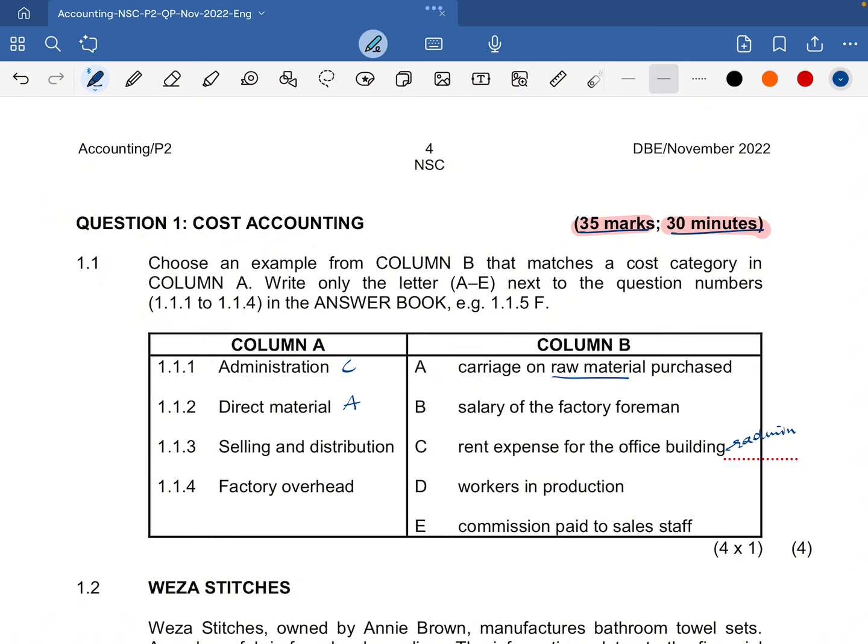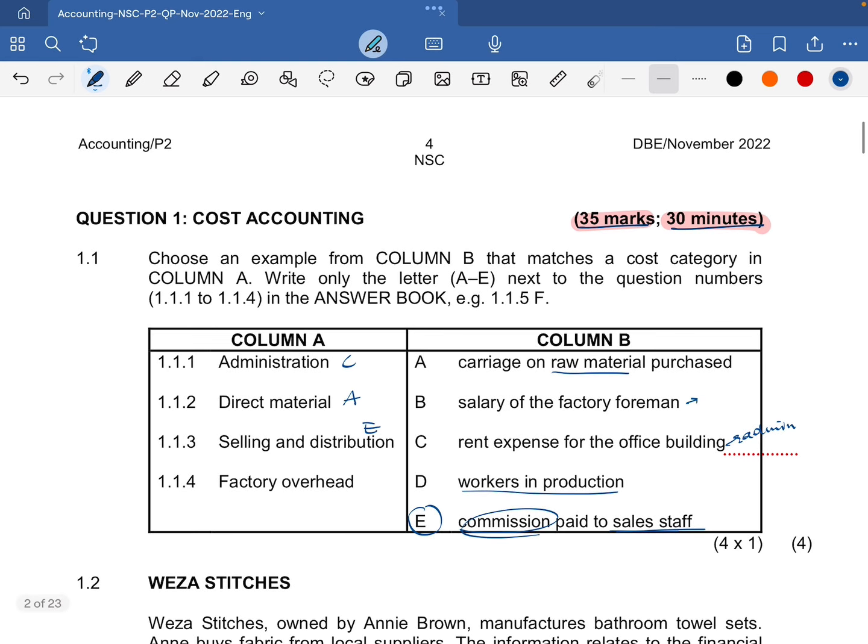Then selling and distribution, we are looking at option E because this is commission paid to sales staff, right? So this is an expense linked to selling and distributing. So here our answer is E. Then the last one, factory overhead, it would be the salary of the factory foreman, because we know that it's a factory overhead and it is not linked with the direct labor.